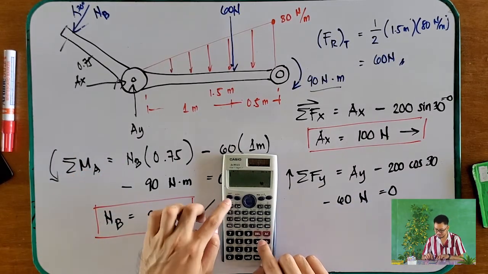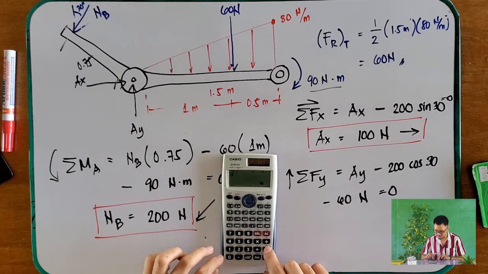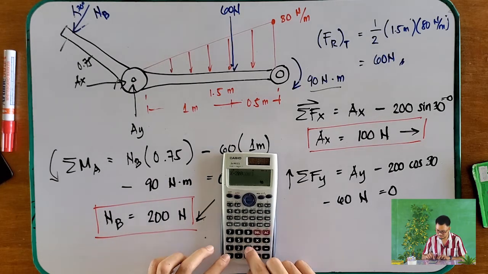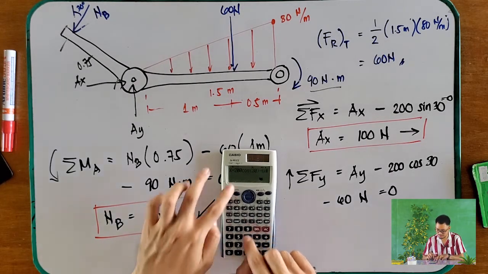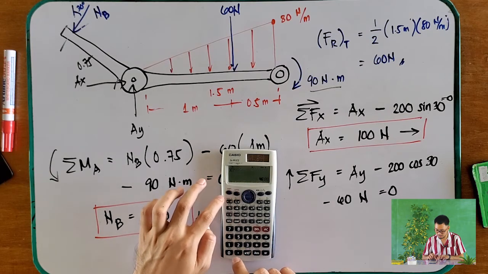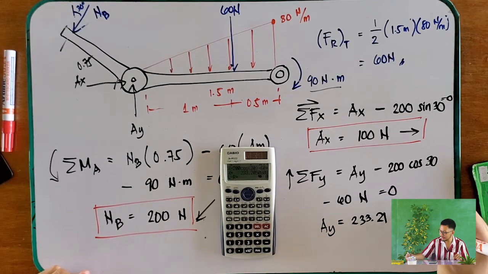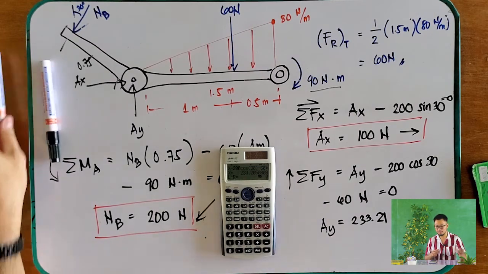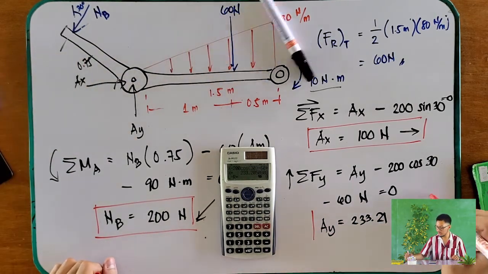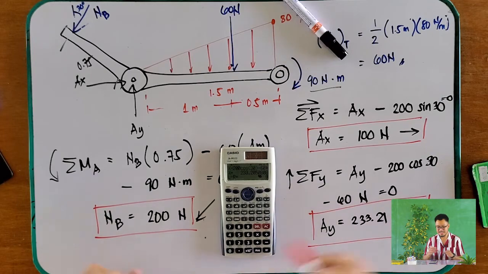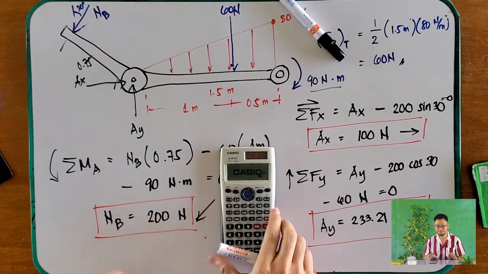So that is minus 200 cosine 30 minus 60 equals to... So your AY here is equal to 233.21 newtons going up. So these are your final answers for this problem.